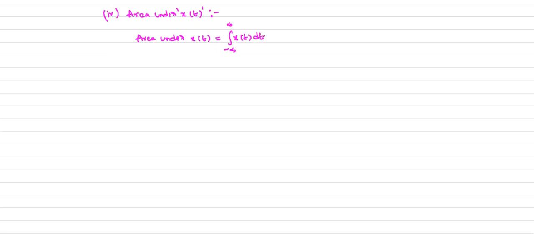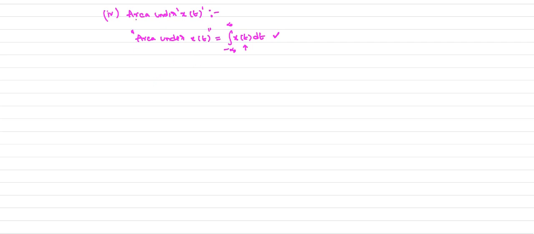If you integrate the time domain signal between minus infinity to plus infinity, you will get the area under the curve. So this is your formula to calculate the area under x of t.